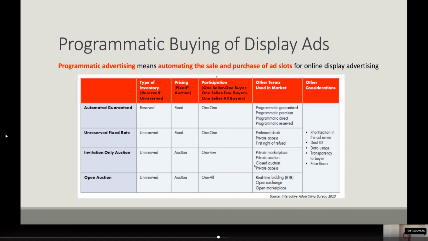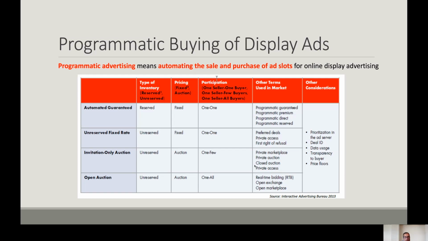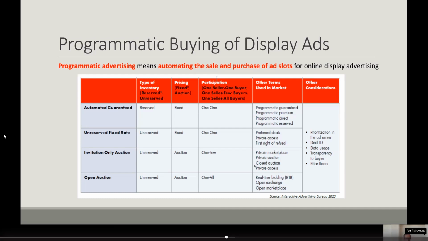After that, in the third row, we see an approach called invitation-only auction. So now the participation column says 1 to few. The idea here is that there is one seller of this ad space, but there are a few selected buyers, a few selected advertisers, that are allowed to put in their bids in an auction to see who will win this ad space.